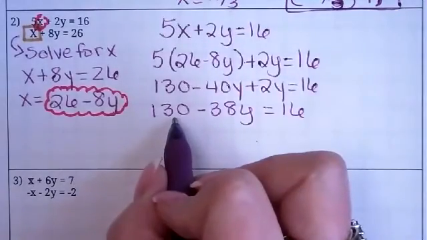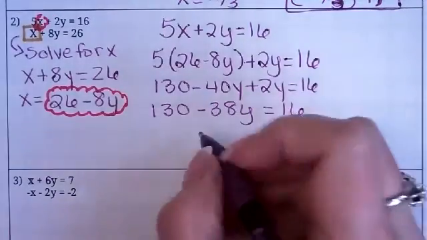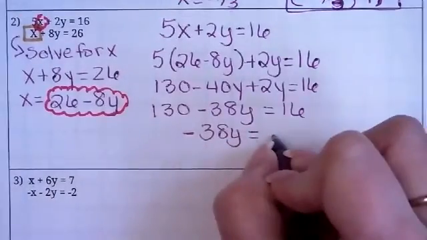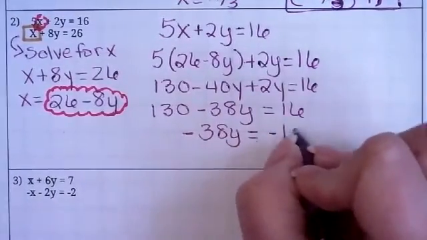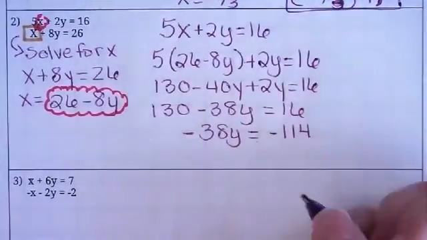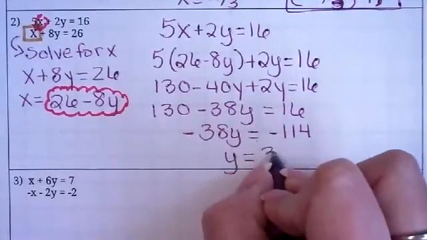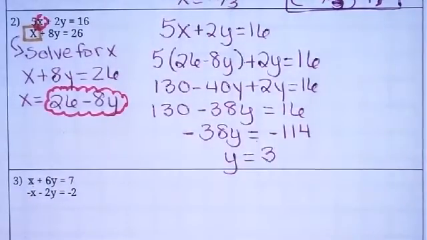If I subtract the 130 from both sides, it's negative 38y equal to negative 114. When I divide, I get y equal to 3. Okay. So I now know my y coordinate is 3.